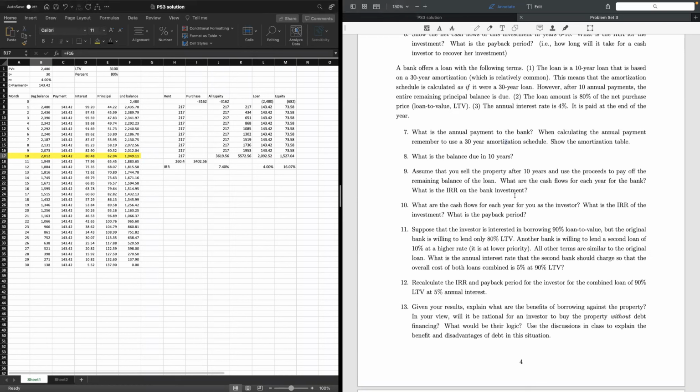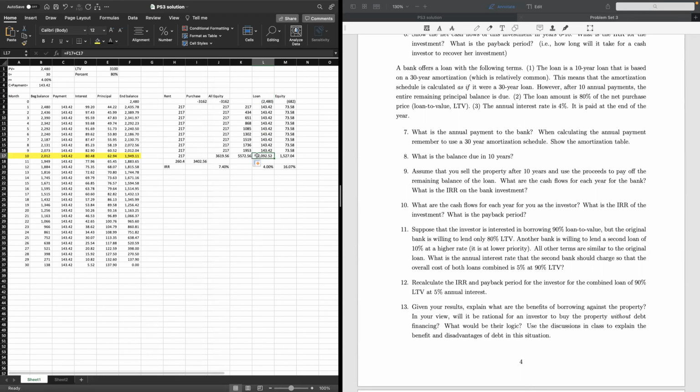Assume you sell the property after 10 years and use the proceeds to pay off the remaining balance of the loan. I'm talking about question 9. I think I already answered this, the cash flow for each year for the bank. For the bank, it invests 2.48 million and gets the payments every year.